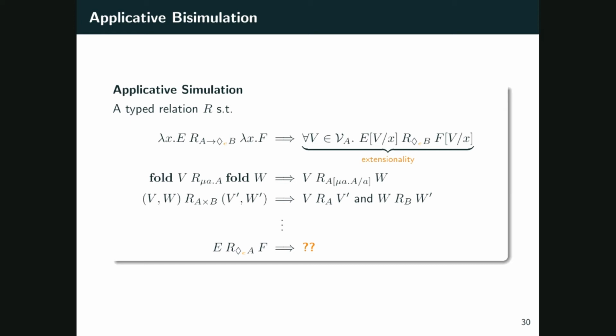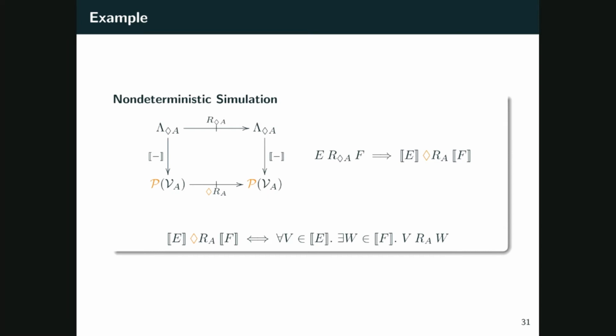Whenever it relates other values, they satisfy some natural clauses, so the values must have the same outermost constructors and related arguments somehow. And the critical point is to understand which clauses applicative simulation should satisfy when we relate computations, right? And a good way to understand that is to look at some concrete examples.